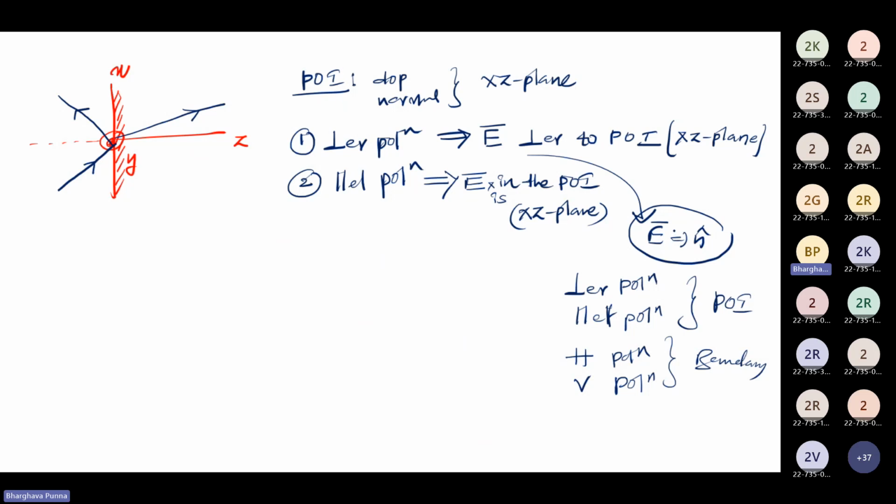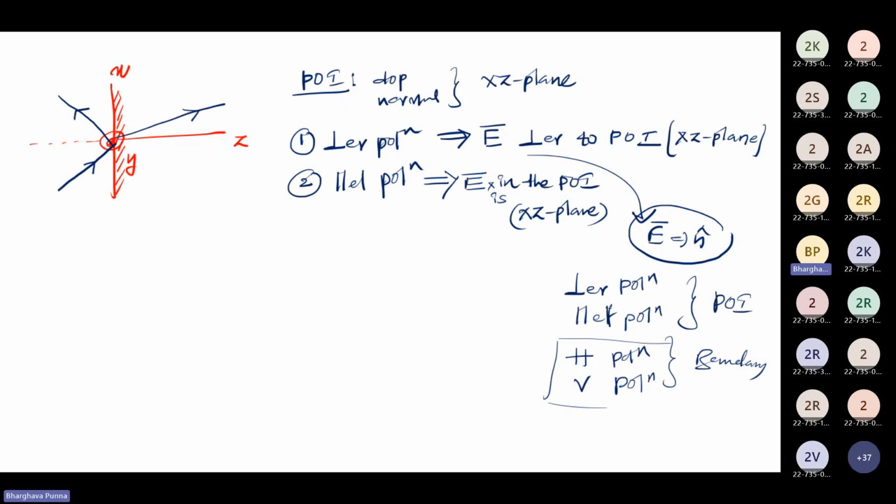In the diagram, it is parallel to the boundary only, so it is called horizontal polarization. Like that, these names are given. About these different names, we'll see later. First, you concentrate on this particular diagram. In this class, we'll complete the diagram.